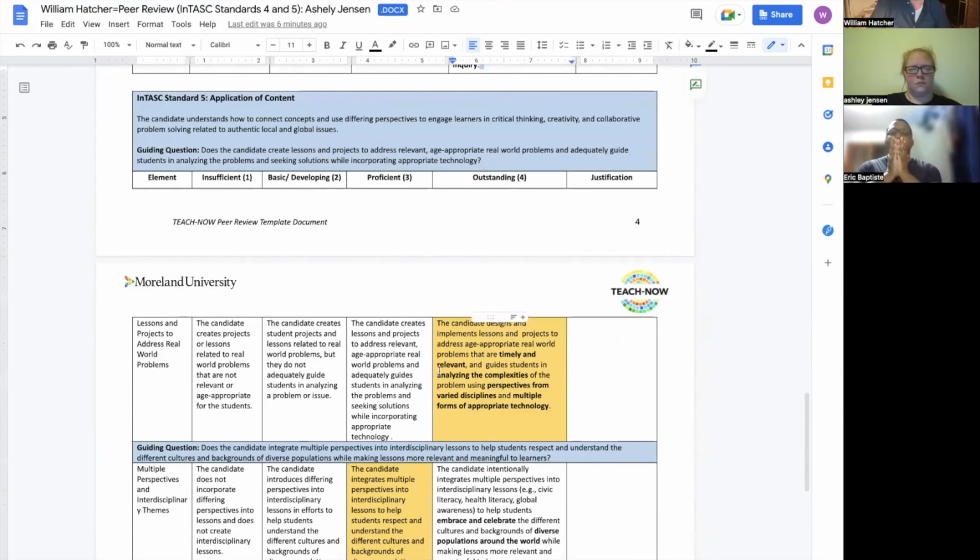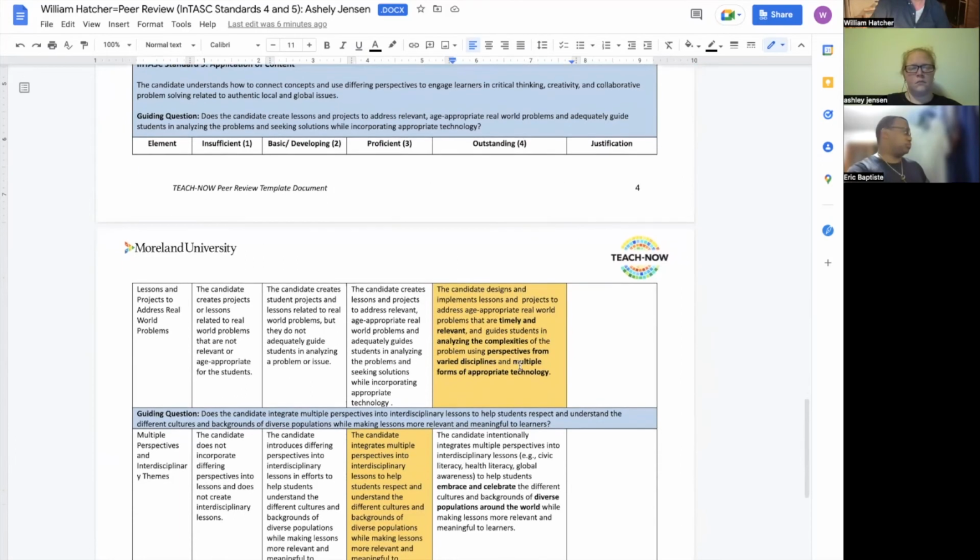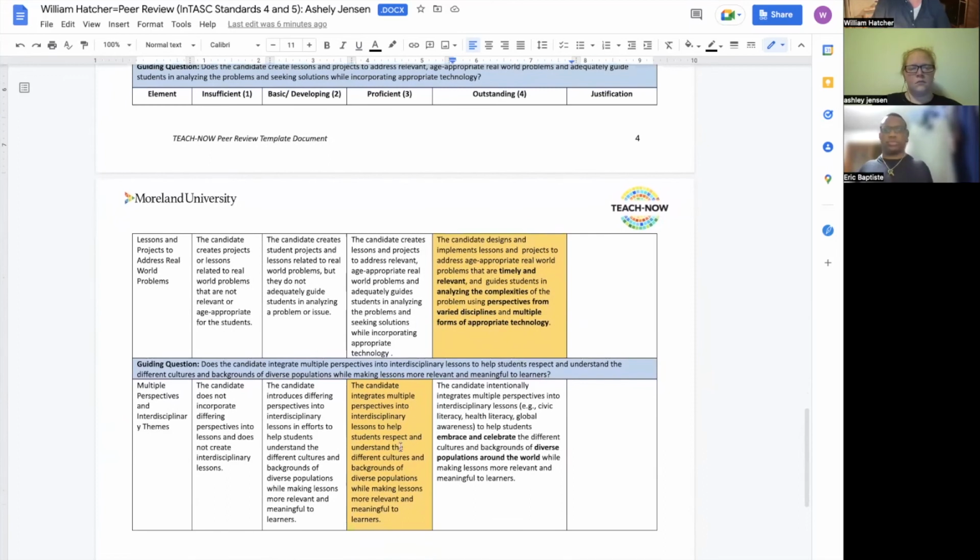I think the application was great. You tried to use different technology, you had them draw, you had them write, and really tried to give them good examples. And then this one, of course, diverse populations around the world, which goes to ice cream not really being the number one thing I think of.